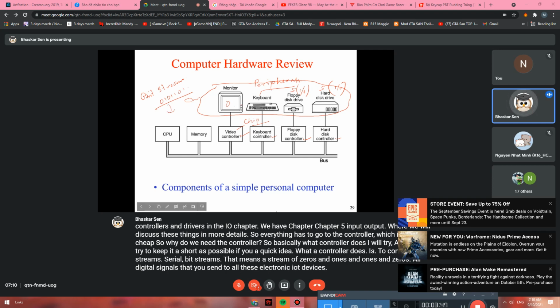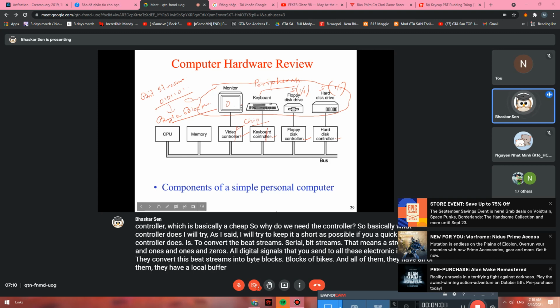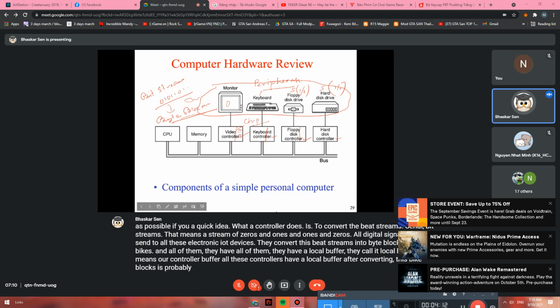They convert these bit streams into blocks of bytes. And all of them have a local buffer, which they call a controller buffer. After converting, these byte blocks will be stored temporarily in the buffer.